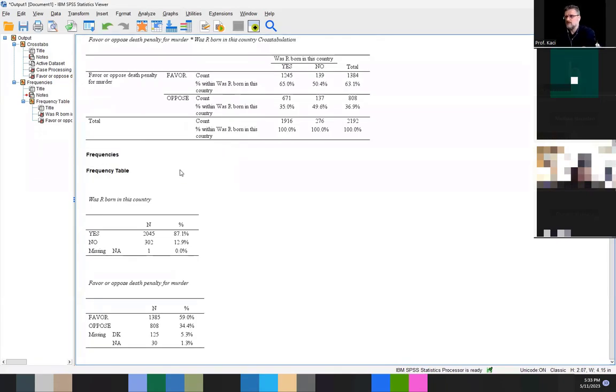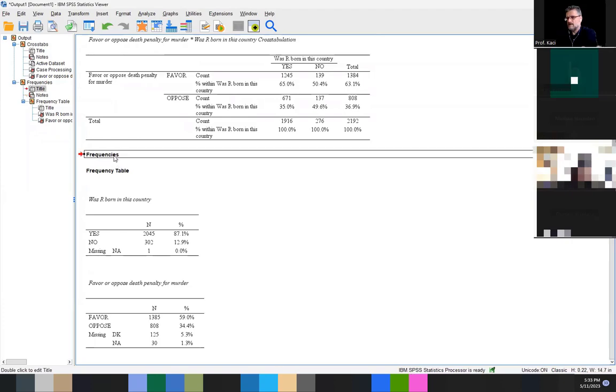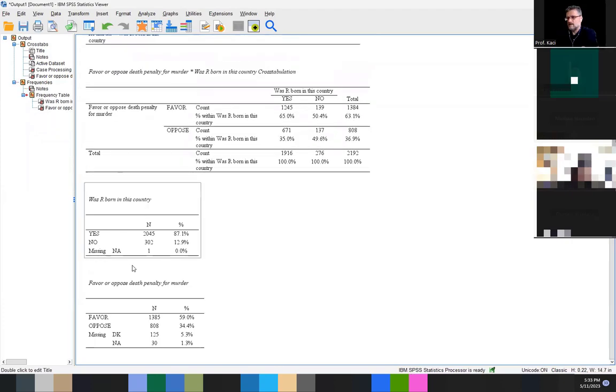The way I did it is so that I can have everything in one screen. Okay, these are not going to be the same because missing cases are going to skew these numbers just a little bit. But don't worry too much about that.